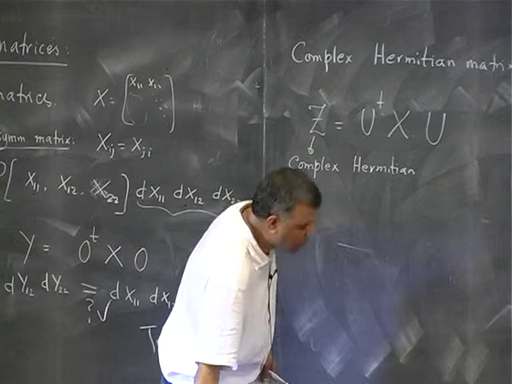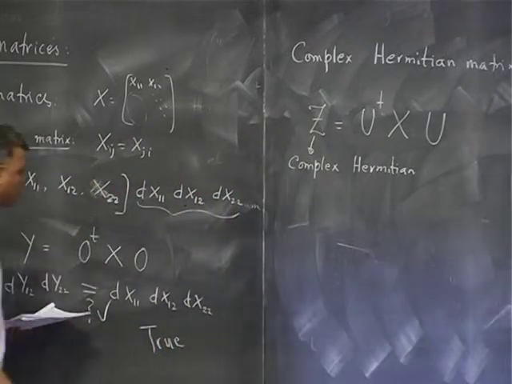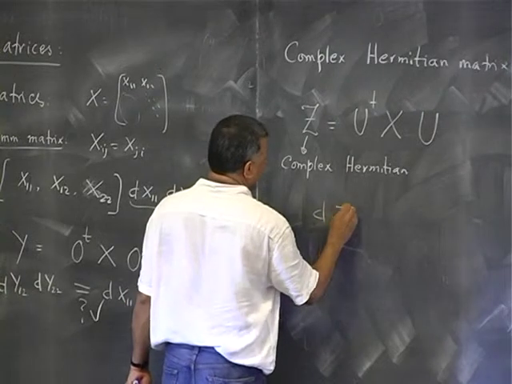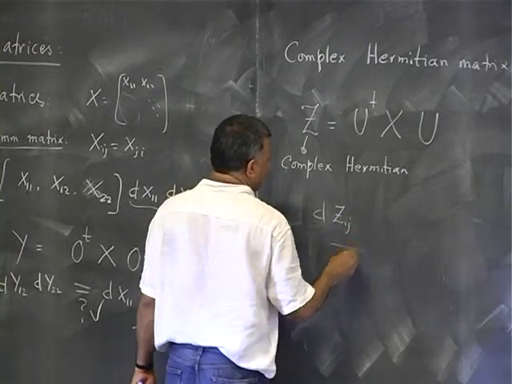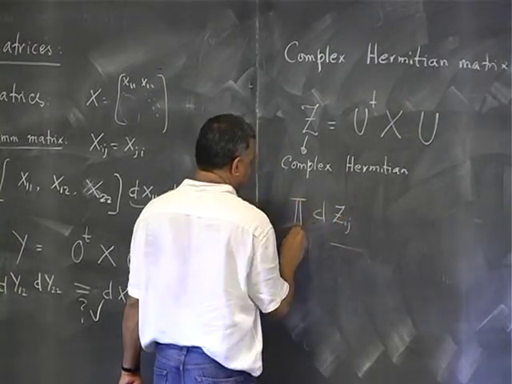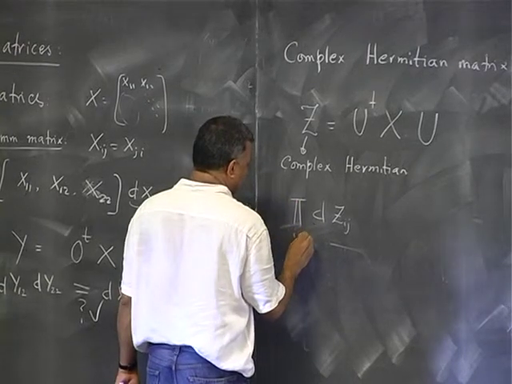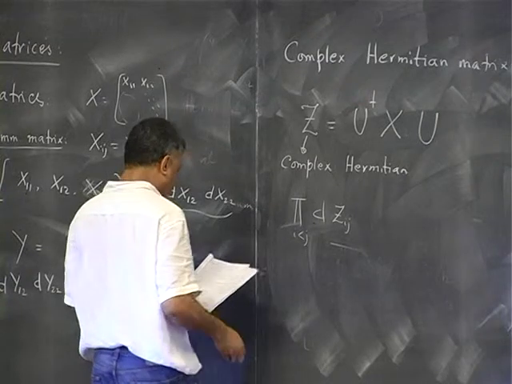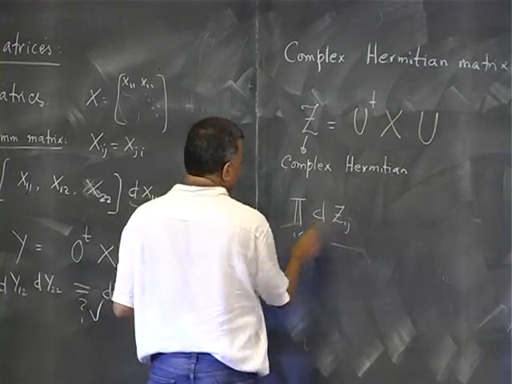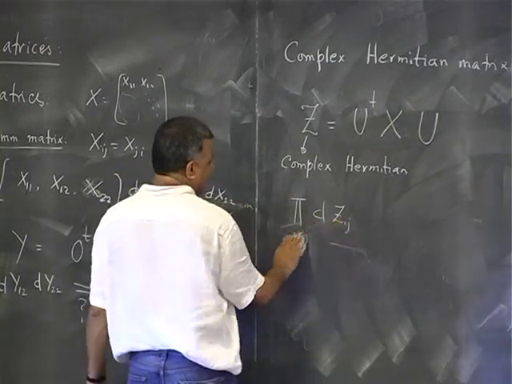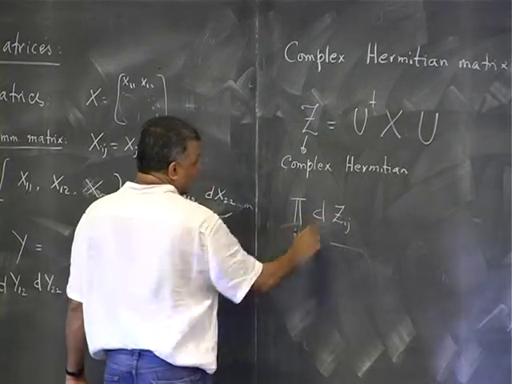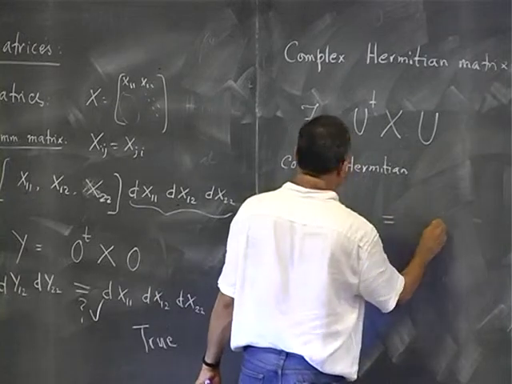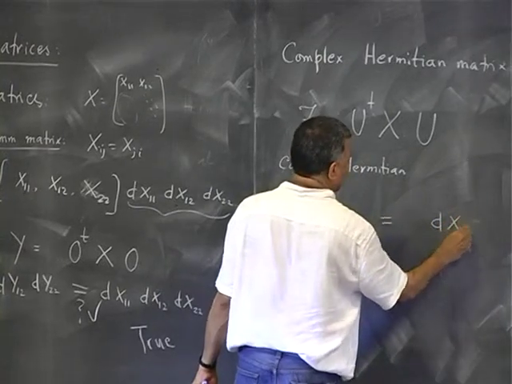Again, you can prove that if you write down all the measures on the left-hand side, the product dz_ij over i less than j, and take the product over all independent entries, this is exactly the same as the product of dx_ij.